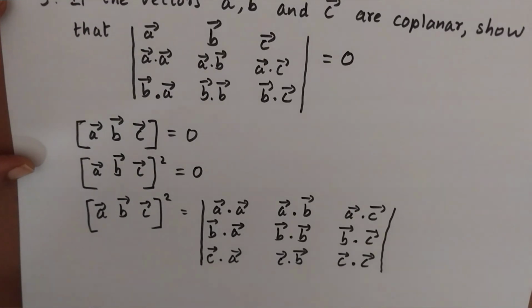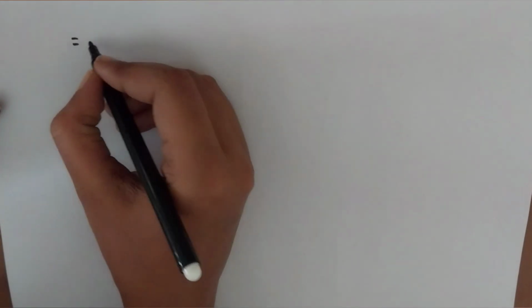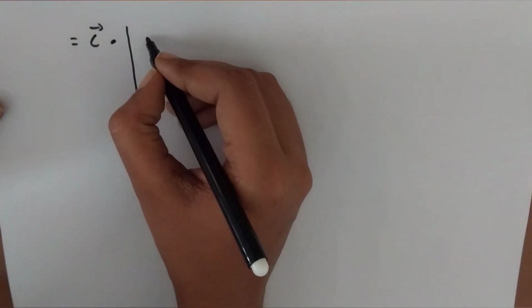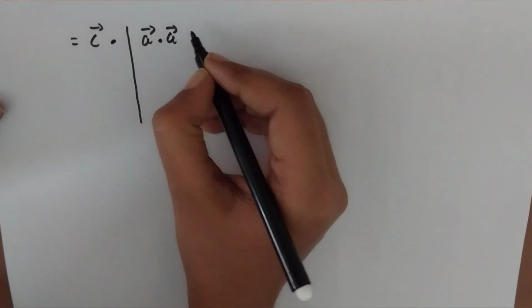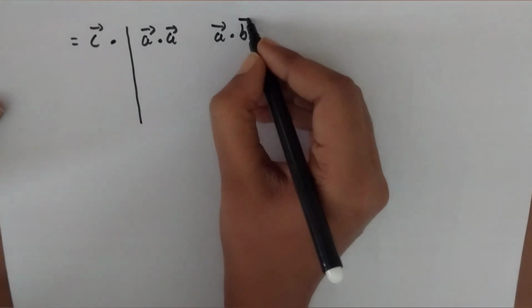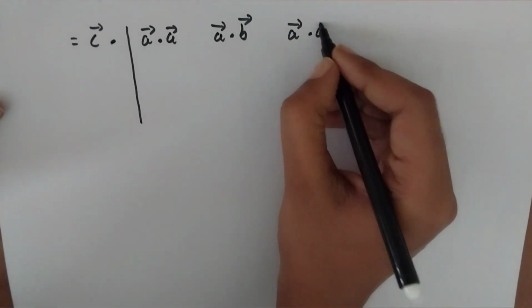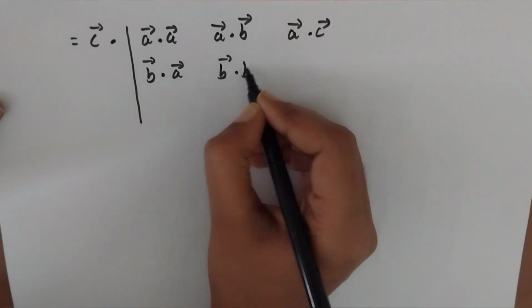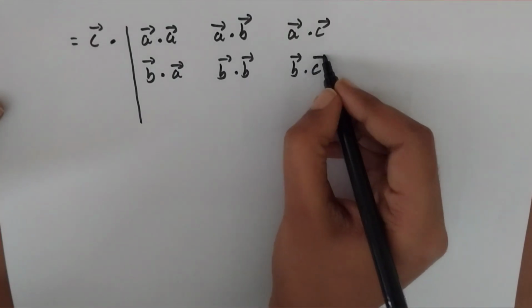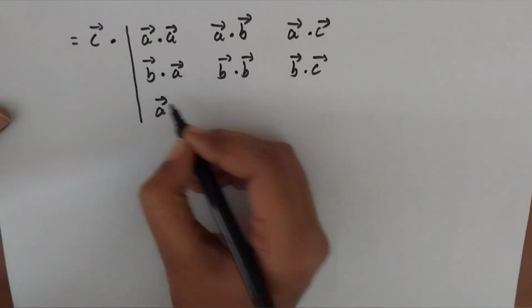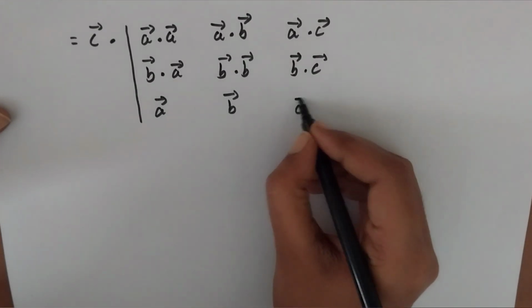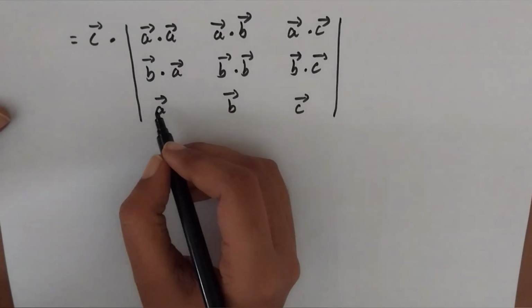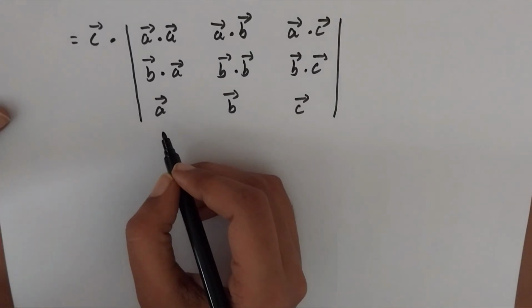So this becomes vector C dot determinant vector A dot vector A, vector A dot vector B, vector A dot vector C, vector B dot vector A, vector B dot vector B, vector B dot vector C, vector A, vector B and vector C. Now we have already said that box ABC the whole square is 0.